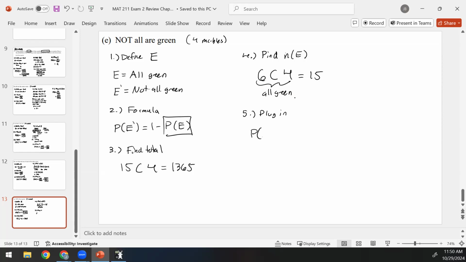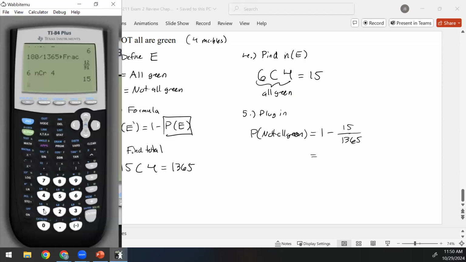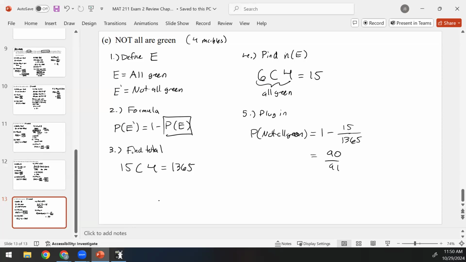So the probability of not all green is equal to 1 minus 15 over 1365. And if I plug that into my calculator, 1 minus 15 divided by 1365, math frac, I get 90 over 91. And I'm done. So that one is a little bit more challenging because you have to use the complement to make your life a lot easier.